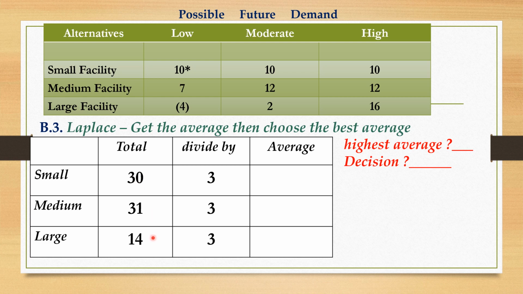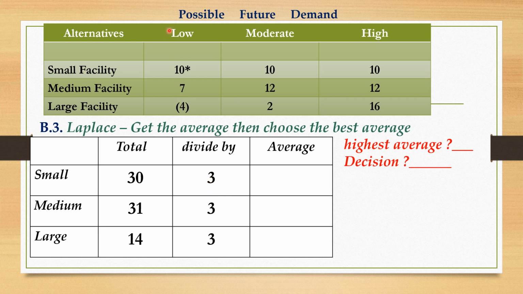Very good for those who arrived at the same figures. Then we have to divide it by 3 to get the average. So please determine the average: 30 divided by 3. We divide by 3 because we have 3 possible future demands: low, moderate, and high. In case the given has 4 possible future demands, you divide it by 4.